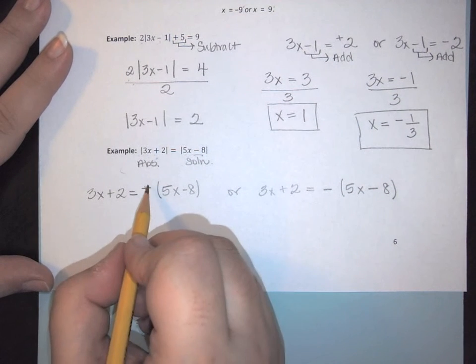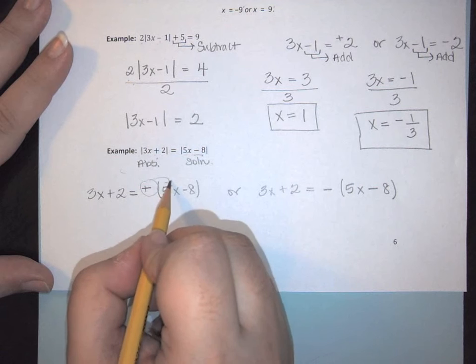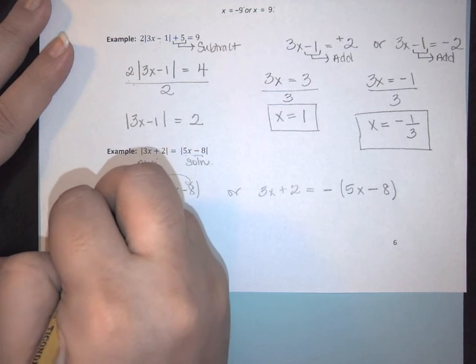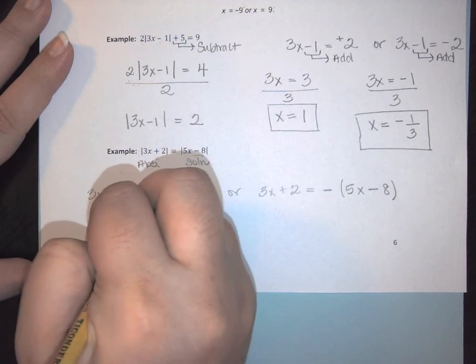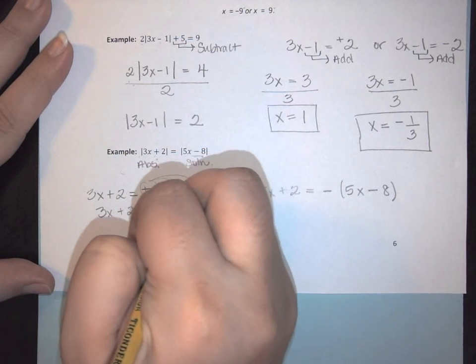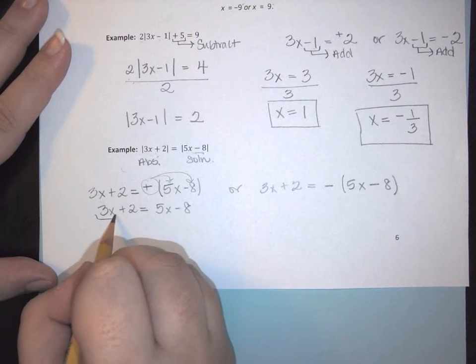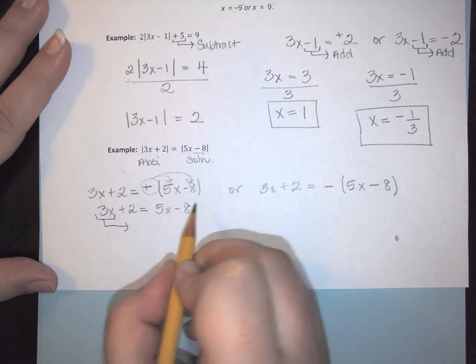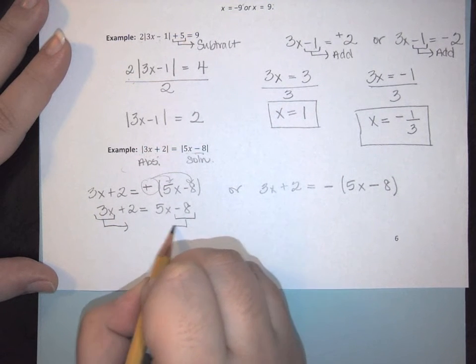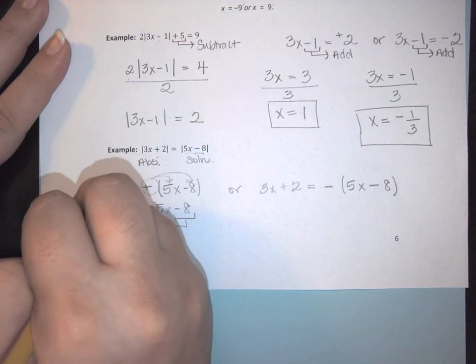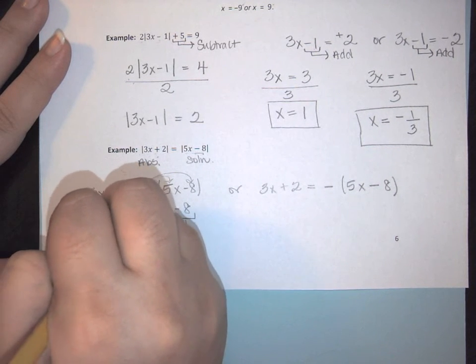So in this first one, the positive goes through your parentheses. So this is going to be 3x plus 2 equals 5x minus 8. I want to keep my x's positive, so I'm going to move my 3x, which means I have to move the 8. Since the 3 is positive, to move it I have to subtract.